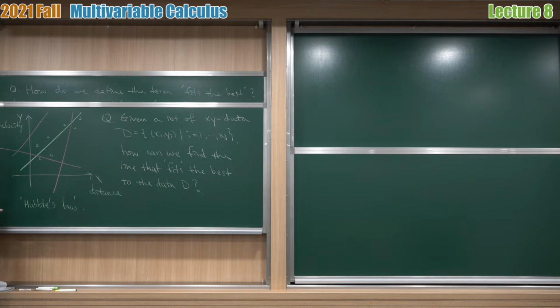So good idea. So the idea is that you want to compare the sum of distance from each point to the line, whatever the line is, and we set that as a value assigned to that line, and I want that value, which is the sum of distance, should be the smallest to fit the best.